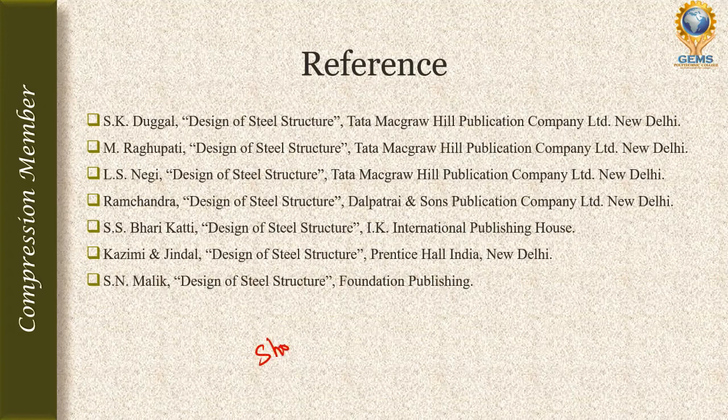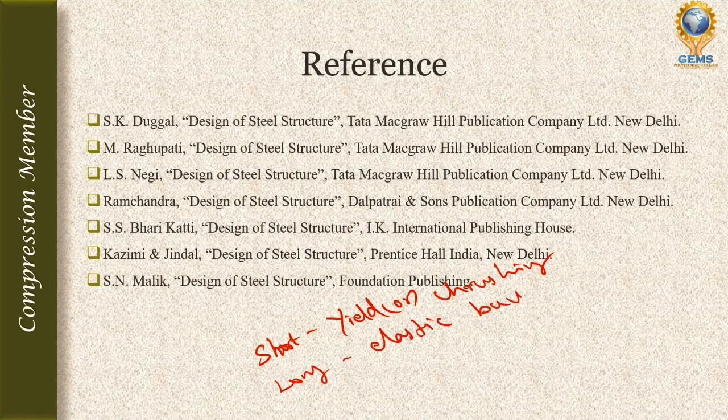Short column will fail by yielding or crushing. Long column, it is elastic buckling, and intermediate column, it will fail by inelastic buckling. Sometimes they will ask this in one word.